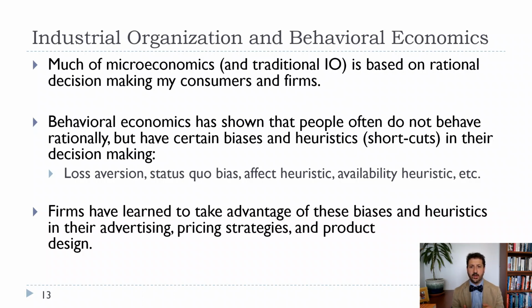So whether we're talking about loss aversion, where people value losses more than they do gains, status quo bias, where people just stick with what they have, the affect heuristic, which is about how people feel when they're making these decisions, the availability heuristic, which is about what comes to mind when people are making decisions. All of these are things that impact consumer decision making, and that firms can in some ways take advantage of to get consumers to make less than fully rational decisions. And if it's profitable for firms to do that, in the absence of any regulation, then we will have a less than desirable outcome.